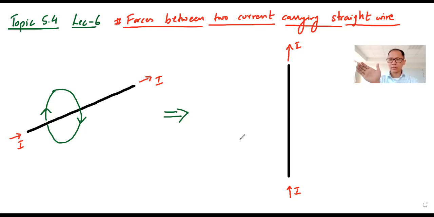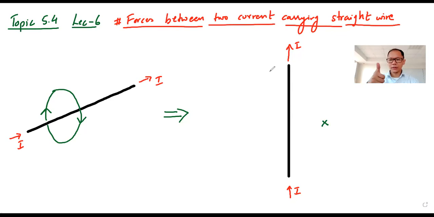On the right part of the wire, my fingers curl inside, so I have to draw a cross here. It's just a representation that the magnetic field is going inside.